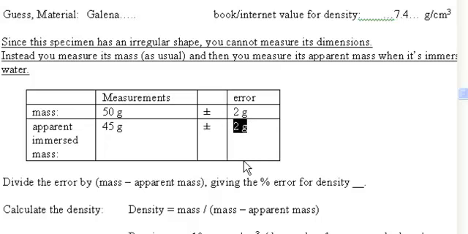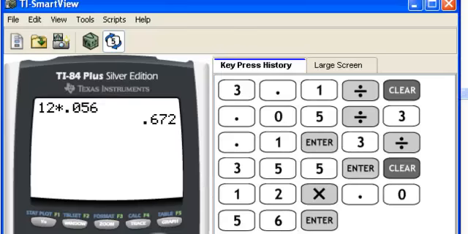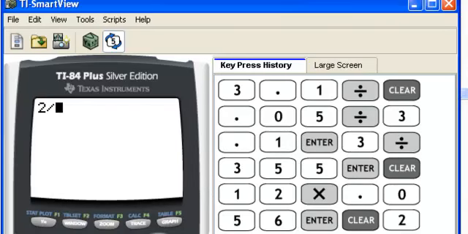I have, of course, 50 and 45, but still the difference is 5 grams, and compared to a 2 gram error, that's pretty large. So I divide the error of 2 grams by the difference of 5 grams, so 2 divided by 5, shift the decimal point by 2, and that comes up to 40%.